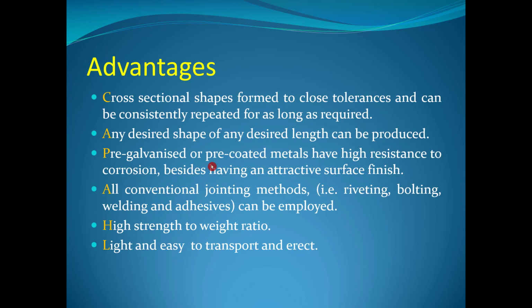Definitely there are different advantages of cold form steel over hot rolled steel. The cross-sectional shapes are formed to close tolerances and can be consistently repeated. That is, as these sheets are very thin, we can easily make the required cross section, and it can be repeated for very long members also.